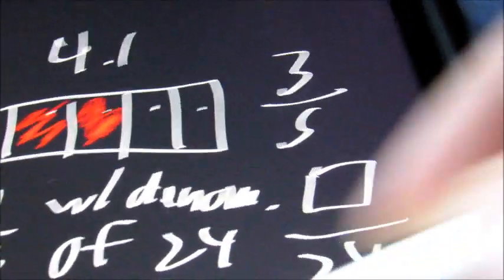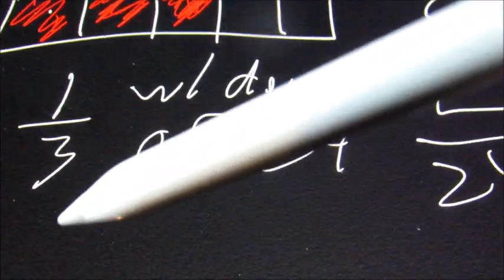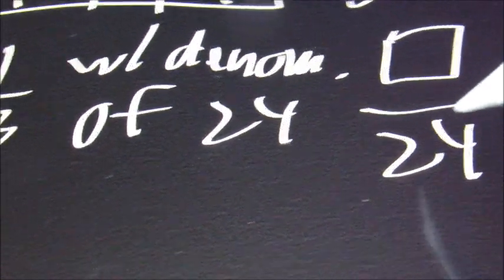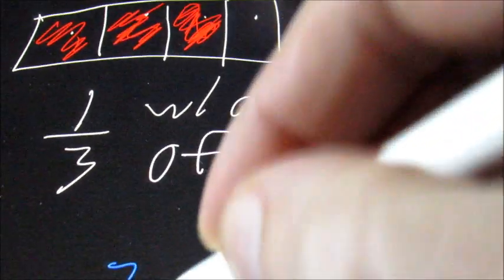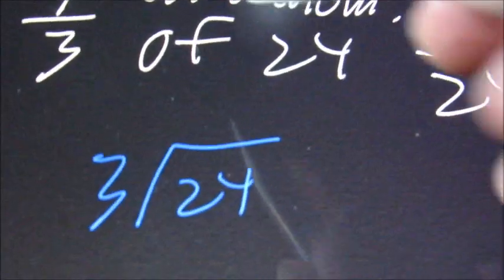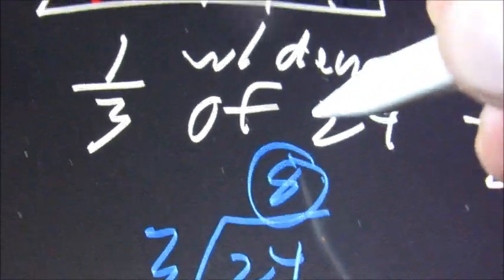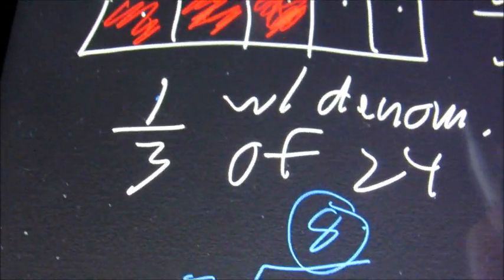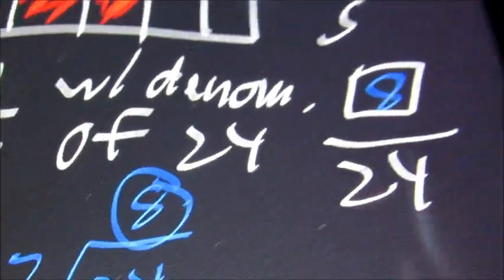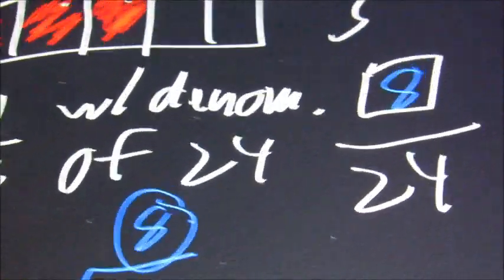What we can look at is the way we'll do this is 3 divided into 24. And when we do that, we will get 8. So 8 times this numerator, which will be 8. So 8 over 24 is the same as 1 over 3.